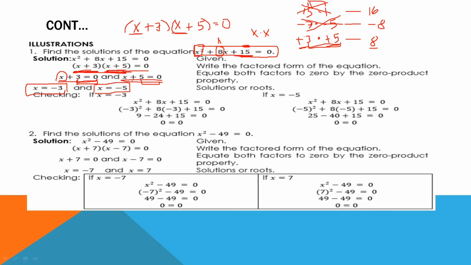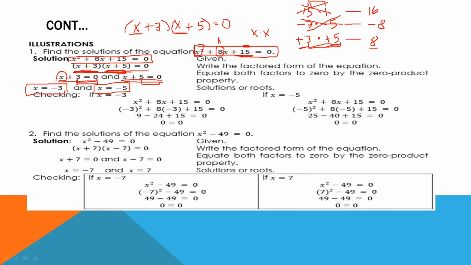So, how are we going to know if this is correct? So, katulad ng ginawa natin, we are going to substitute the value of x sa ating original equation. So, ito yung ating original equation. First, let's substitute the value of x, which is negative 3. So, magiging negative 3 squared plus 8 times negative 3 plus 15 is equal to 0.